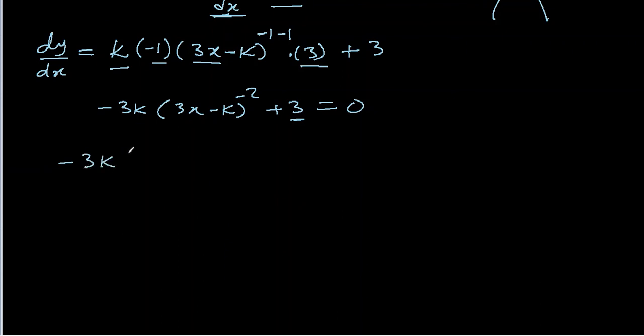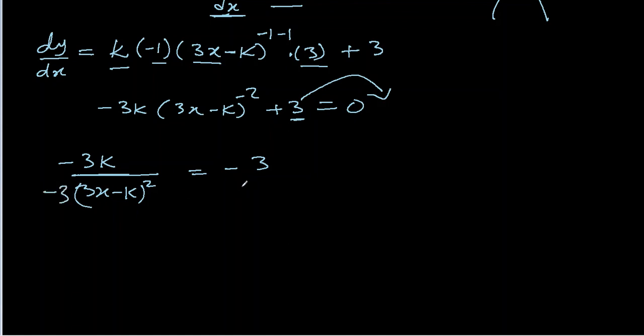So 3k over (3x minus k) squared, because it's a negative exponent, I made it positive by making it the denominator, equal to minus 3. This 3 is taken to the right side. Now we can divide both sides by minus 3 to get rid of the minus 3s.